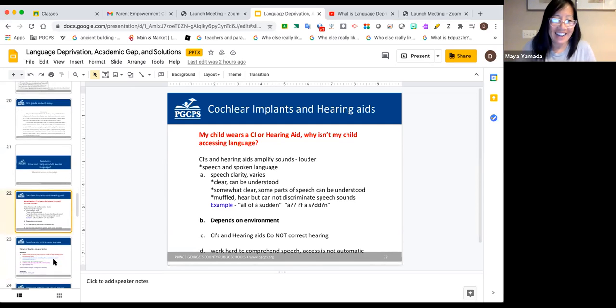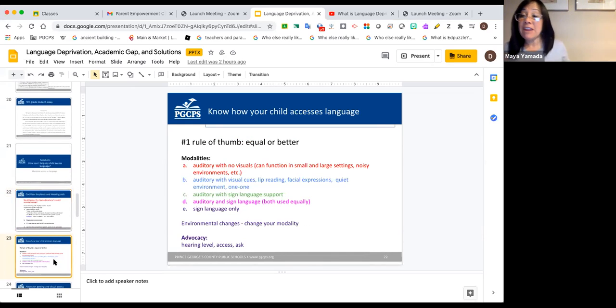Let me move on. Okay, so before you use any strategy or solution, you have to know how your child accesses language. Okay, every child's different. So you have to know if your child has a CI on, you have to know, okay, is my child accessing language like his siblings, like his peers, or everybody in the house?